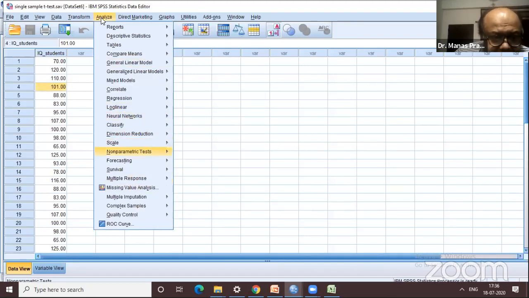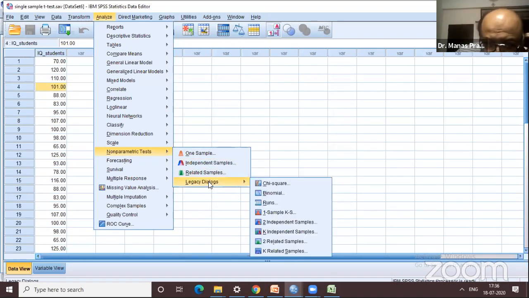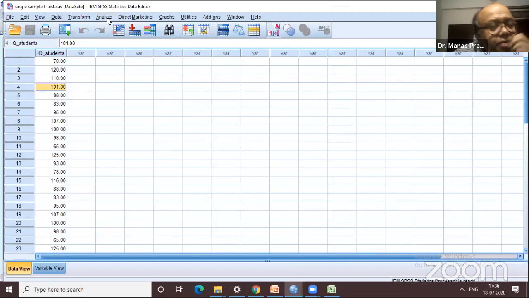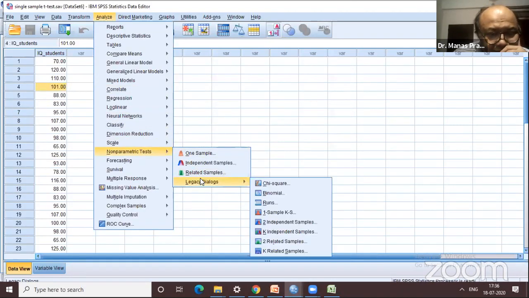Go to Analyze, then Nonparametric Tests, then Legacy Dialogs, then Two Related Samples. Actually this is a single sample test, but here we have to use two related samples.